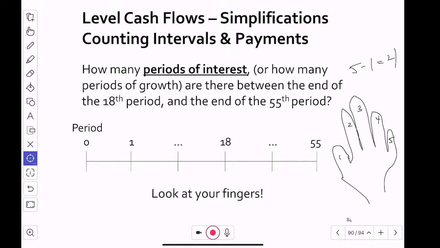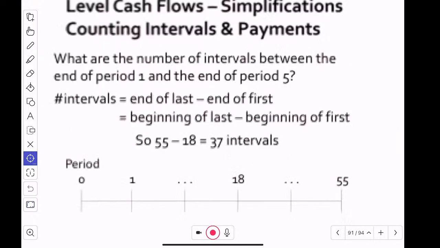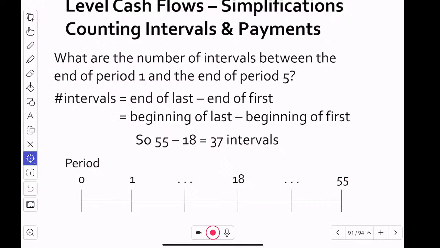That could apply here too. 55, the last one, minus the first one, 18, would tell you how many intervals there are. So when I ask you the number of intervals between the end of period 1 and the end of period 5, you just take 5 minus 1. In that same spirit, to get the number of intervals, you take the end of the last minus the end of the first.